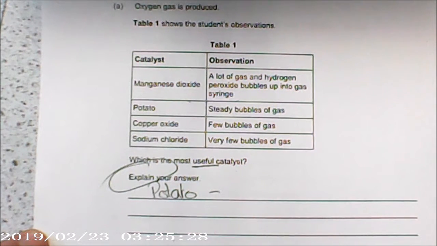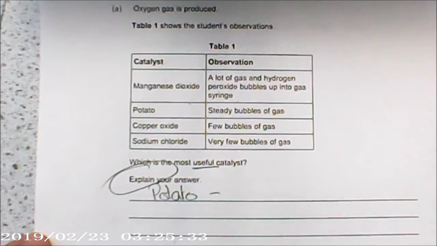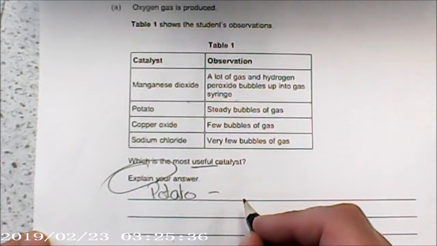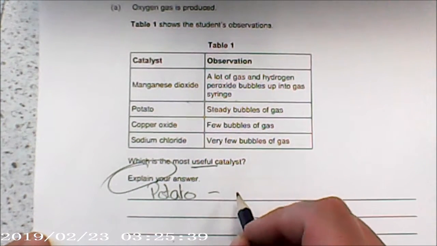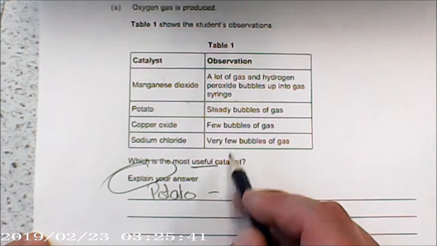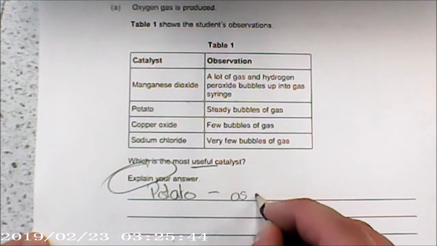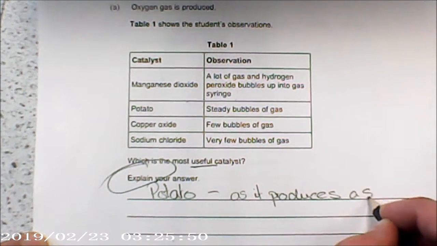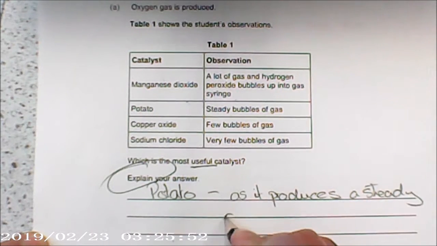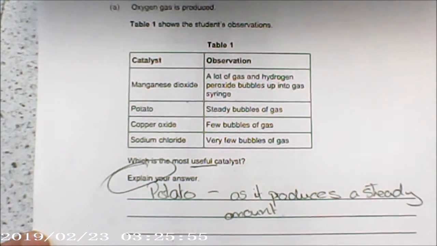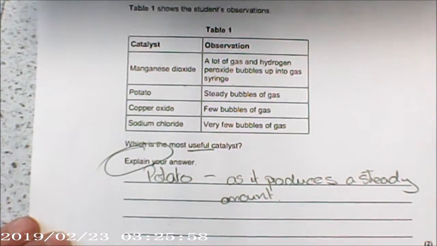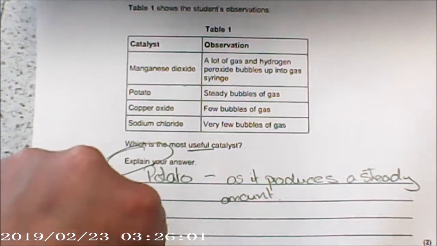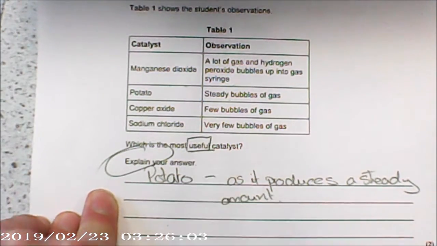And then if you've gone on to explain that, so if you said it's more manageable, or safer, or more effective, any of those would be the 2nd mark. So I probably would have put potato as it produces a steady amount, which is what it says in the observation. So fully understand if you wrote manganese dioxide, you do still get 1 mark, but they're looking for potato because if we're actually using it, we don't want it going crazy.